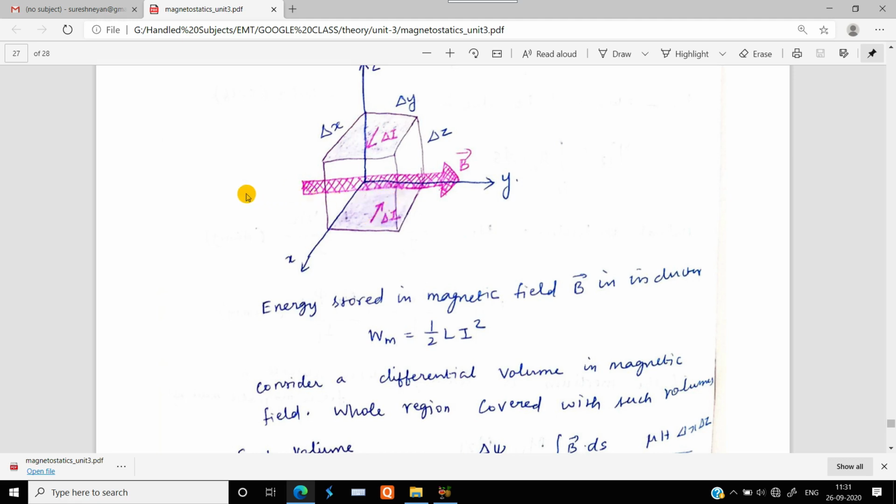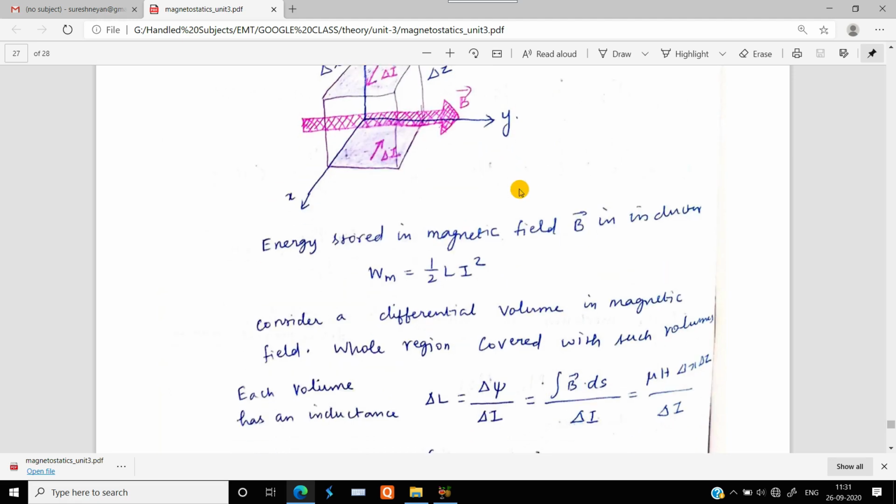If you are supplying a B vector, that is the magnetic flux density, from left to right, then what is the energy stored in the magnetic field? It is represented by Wm, which is half into L I square.